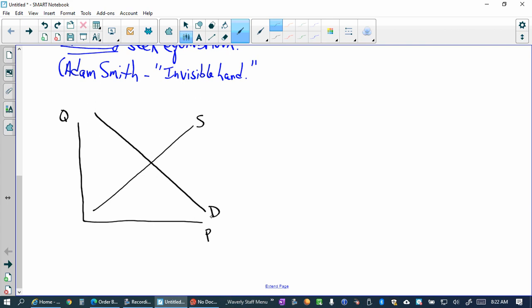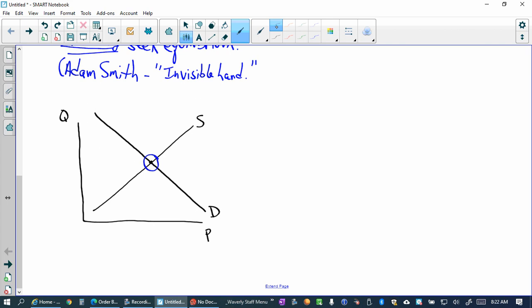The price goes up, the demand goes down. So right here where they intersect, this point right here, whatever price this is on this axis, that's the equilibrium price. So I'm going to label some prices here.